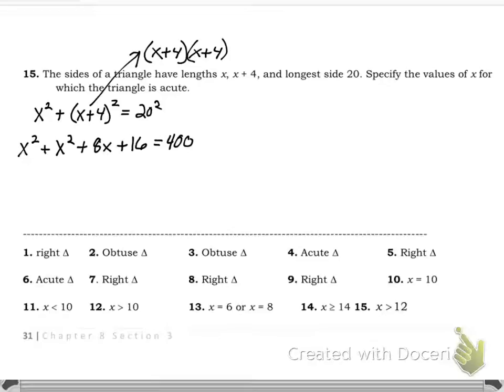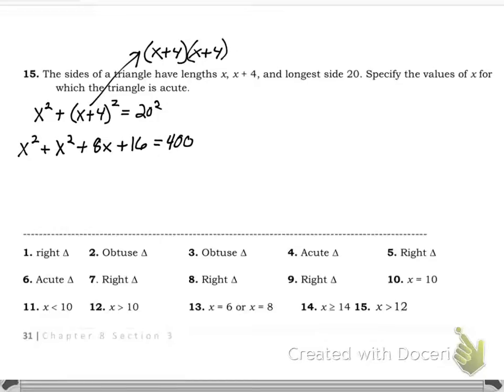No. So what I do on these is I set it equal, because technically, in order to use the zero product property or the quadratic formula, we always have to set it equal to zero. And then we should know at the end, because I'm looking for where it's acute, then we put a sign at the very end.